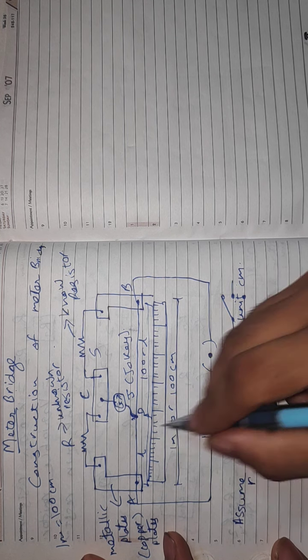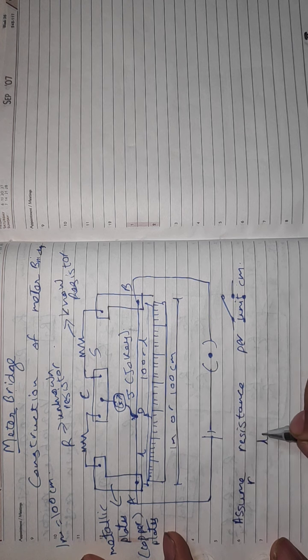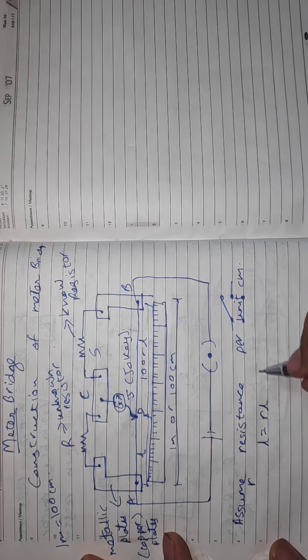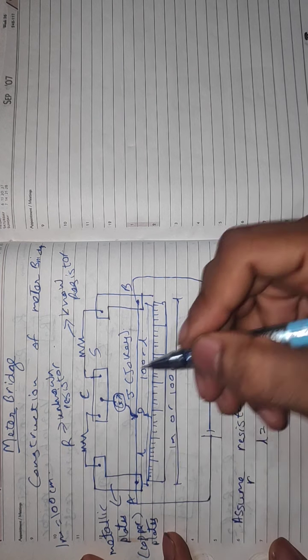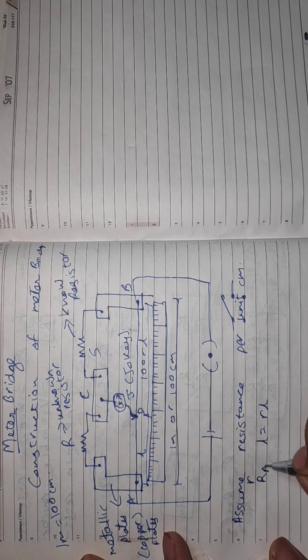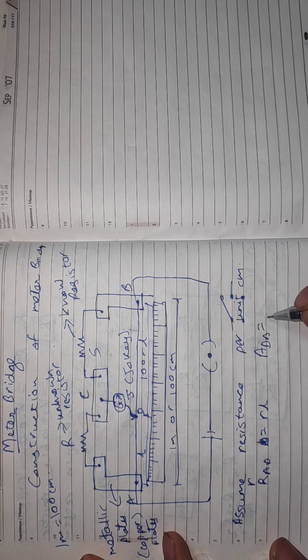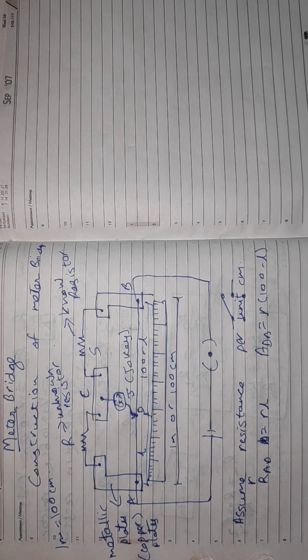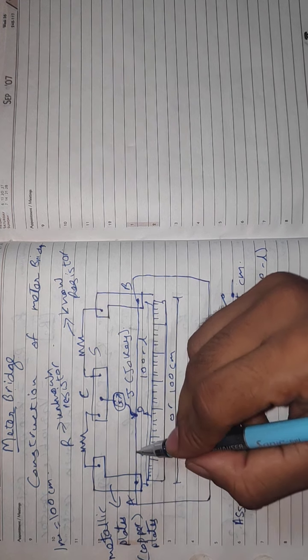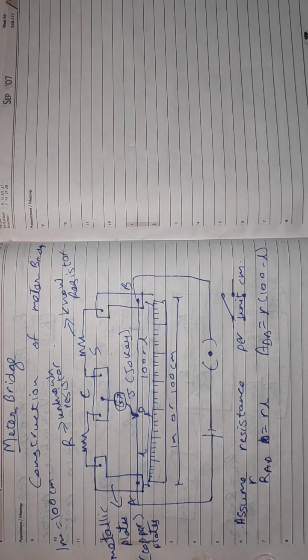Okay, so for L length, resistance will be R into L, and for the second part, here we have given the name, so for RAD we can write RL, and for RDB, that is from D to B, will be equal to R into 100 minus L. We can write it in this manner. That will be our third resistance and this will be our fourth resistance.